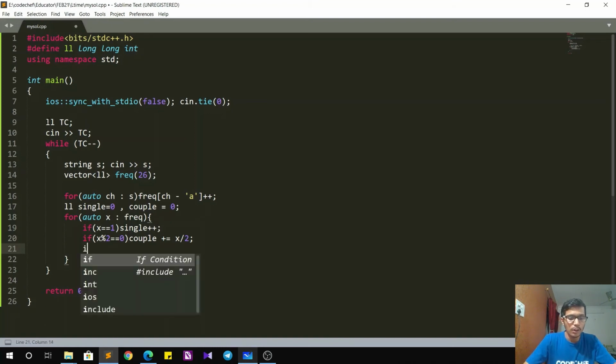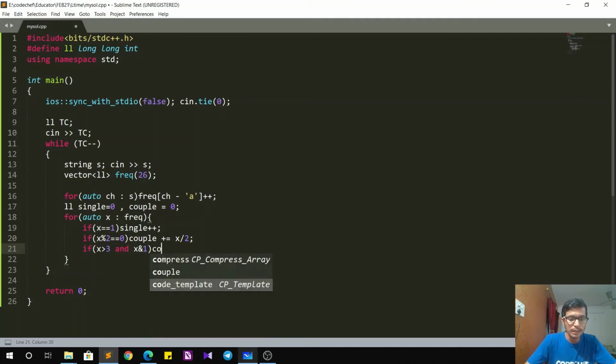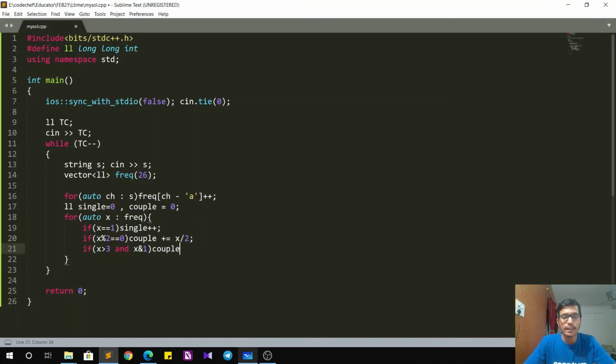And also, if x is greater than 3 and x is odd, then we can divide the odd number in the form of 3 plus some even number, right? So we increment the number of couples by x minus 3, which is now an even number, divided by 2.